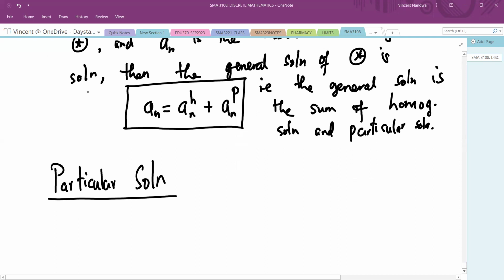So the solution that satisfies the difference equation or the recurrence relation star with f(n) on the right-hand side is called a particular solution.